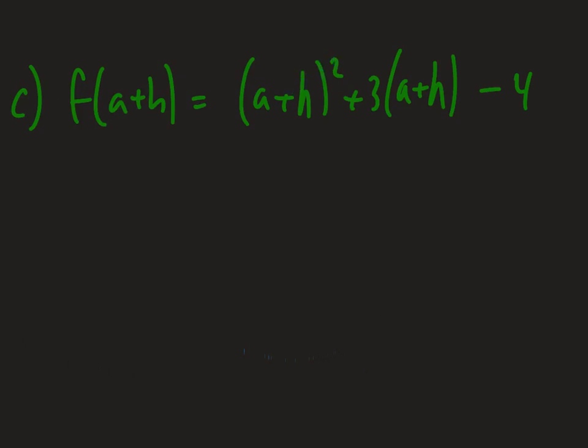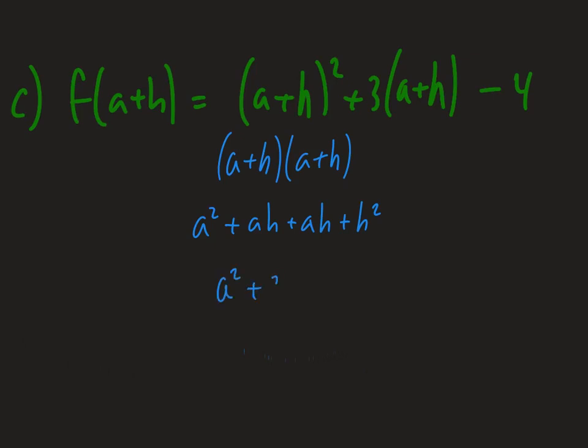So what that means is to take a plus h times a plus h, which is a squared plus ah plus ah plus h squared, which is a squared plus 2ah plus h squared. And so, of course, 3 times a plus h is 3a plus 3h. So I'm just going to bring that down, plus 3a plus 3h, and then minus 4.